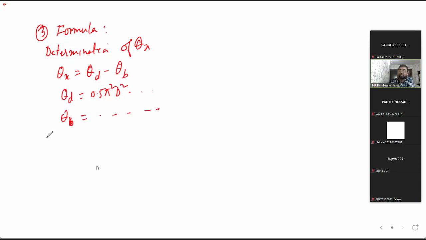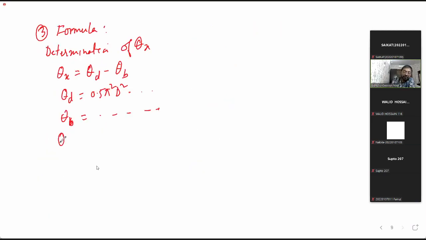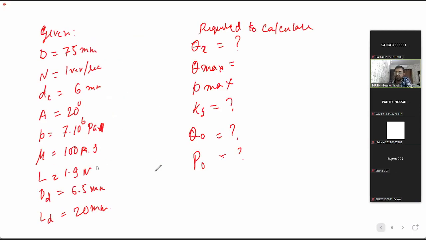Then our next stage is to find out the Q maximum. So we shall write the formula for Q maximum. I think Q maximum is equal to QD, and QD is already known to me. Now P maximum, the formula is there. We already have the P maximum formula. So I will put the formula and see if all the diameters are there or not. Our next stage is to calculate Ks.